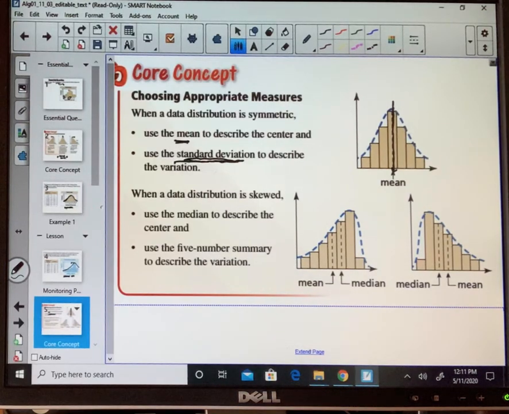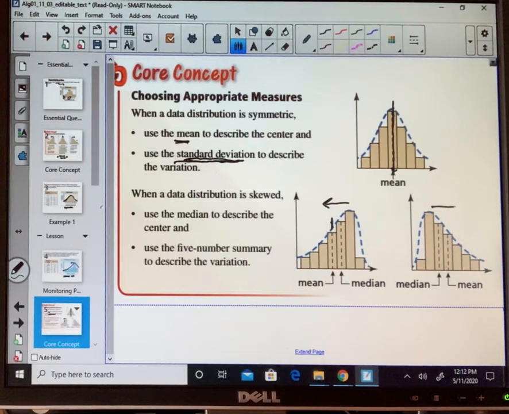Mean and standard deviation. Now, if it's skewed, what that signifies is that if it's skewed to the left, the mean is lower or should be lower than the median, okay?